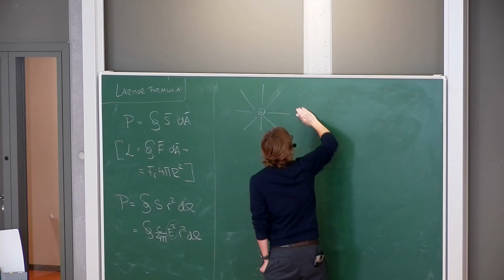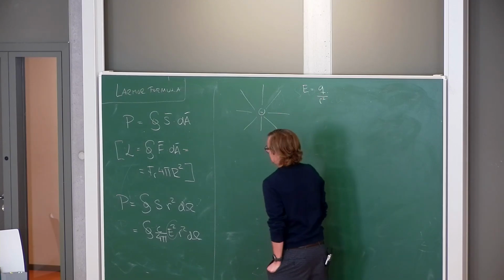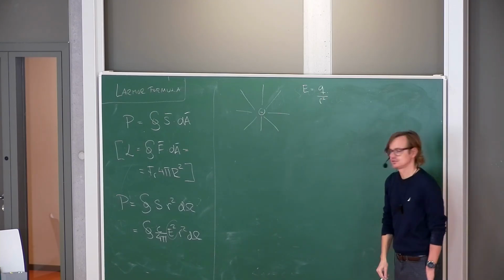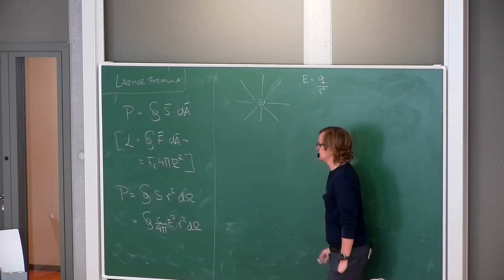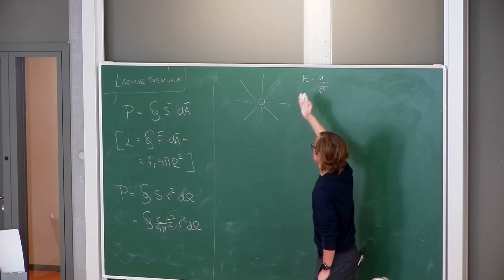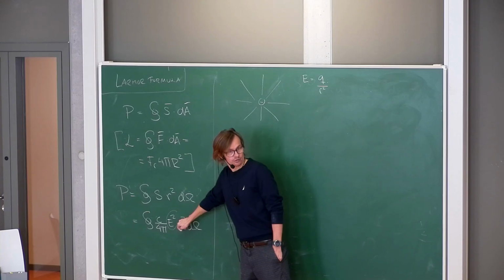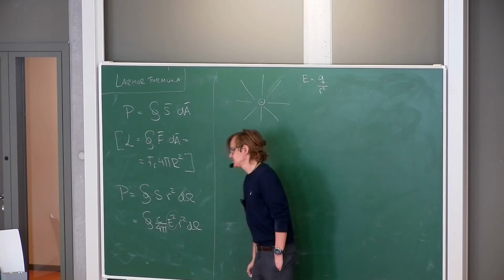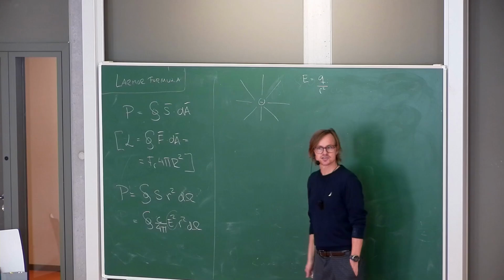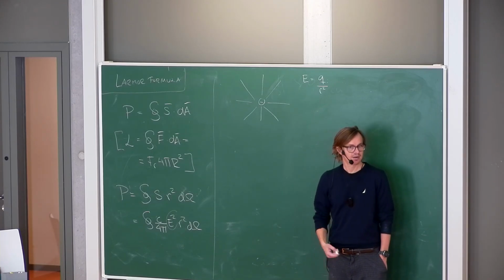And the electric field is essentially Coulomb's law, which is Q divided by r squared. But if we plug this now into this formula, then we can see directly that since we're interested in the square, that's the magnitude, we get the 1 over r fourth in the denominator. So this actually then, when you solve it, falls off as 1 over r squared, right? The power emitted.